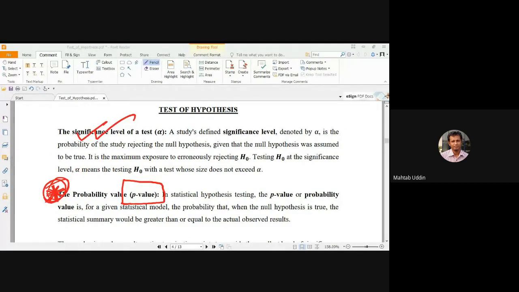Now, when he is surveying in the market, if he is getting the probability of the existing product, the probability of accepting the existing product is called p value.